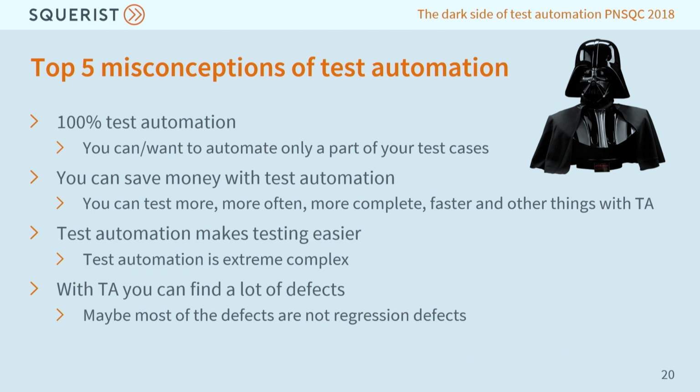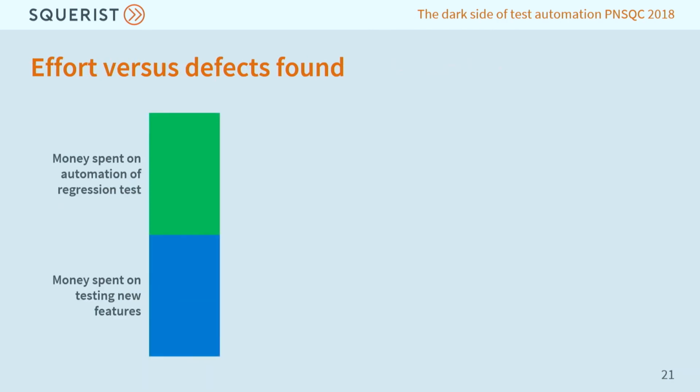The fourth one, with test automation, you can find a lot of defects. Some people say, yeah, you can increase coverage, which is, by the way, true. You can find certain defects, absolutely. But I don't have any numbers on this one. I would like to have, but not every organization is good in keeping up numbers.